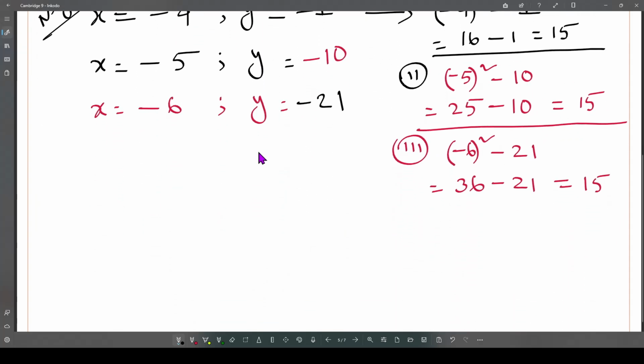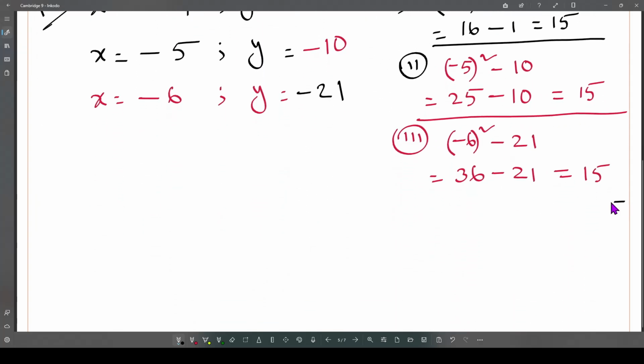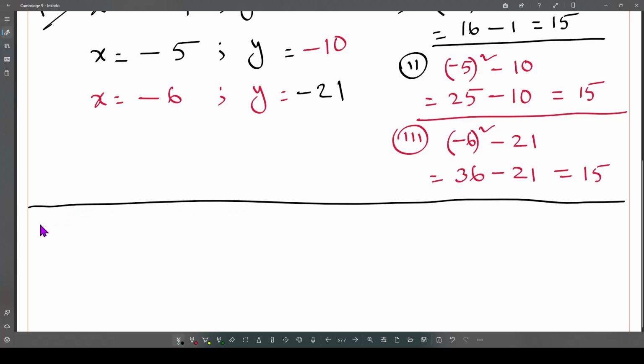So again we can start from here. So this is number C. x equals, suppose, minus 1. So x equals minus 1, then y equals what? We will find out in here.